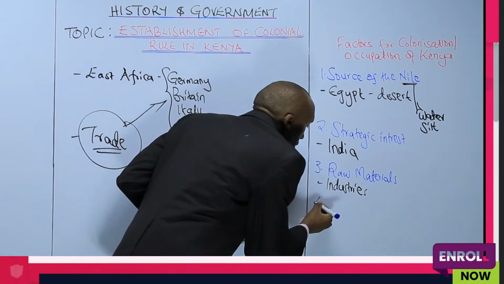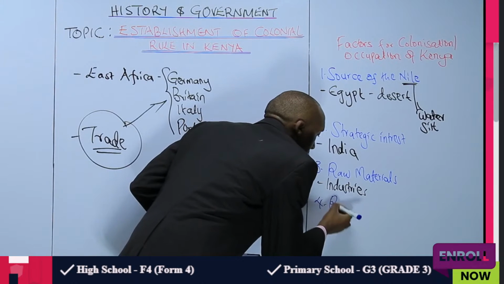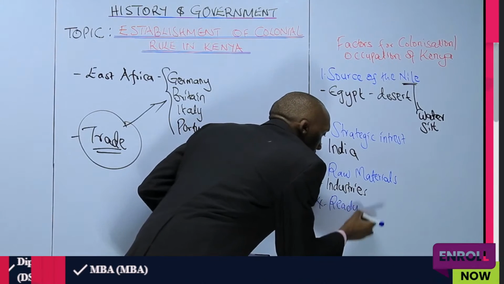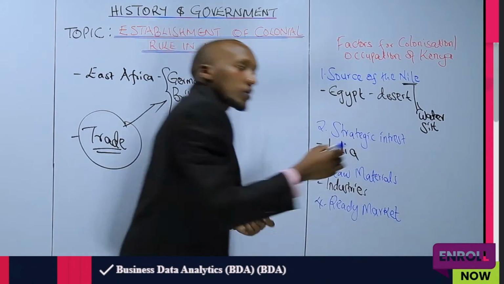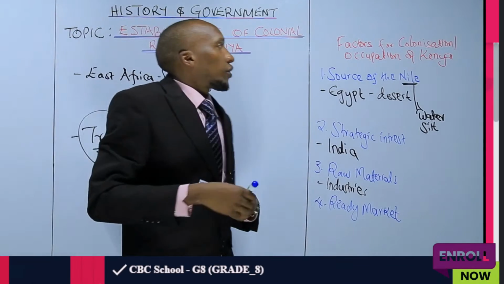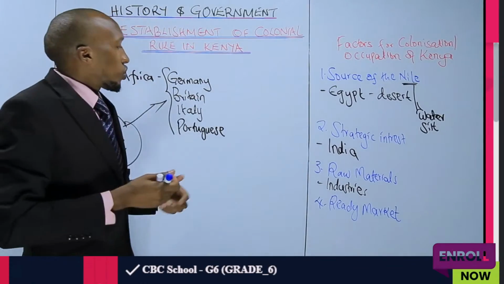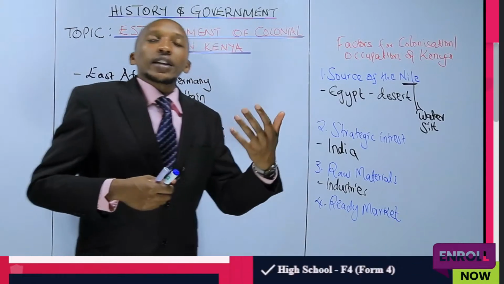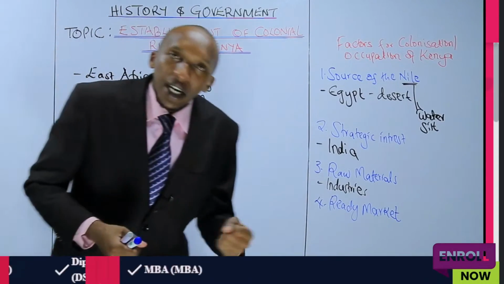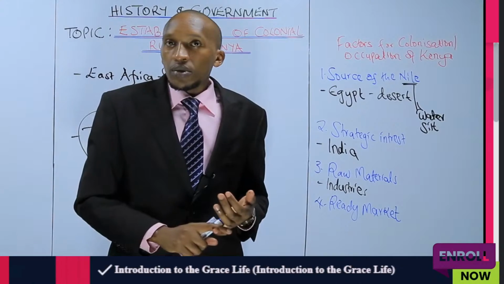So Kenya also provided a ready market. That was another reason or factor for the colonization or occupation of Kenya. So the British came because Kenyans provided a ready market for the goods.